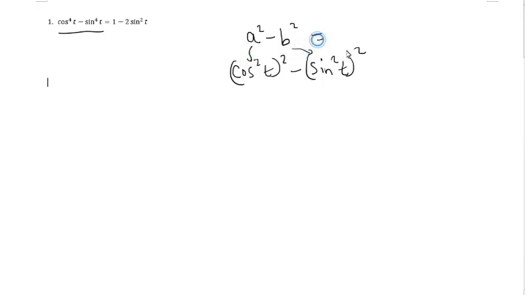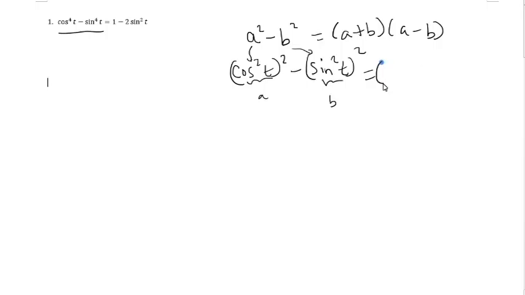If you have a squared minus b squared, recall that to factor that you have (a plus b)(a minus b). There's a lot of algebra that you're going to be doing in these equations, so I suggest you review your algebra and your factoring if you need to. There are a lot of concepts here. So we can rewrite this as cosine squared, squared, minus sine squared, squared, and therefore this is our a, and this is our b.